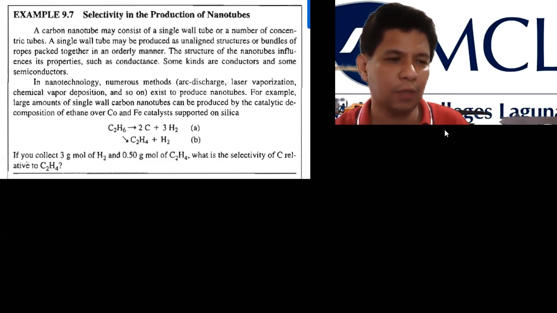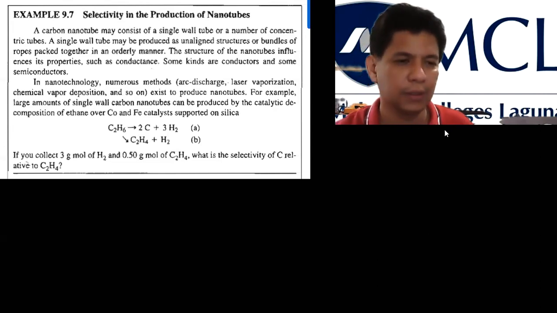The second reaction or the side reaction produces ethylene or ethene, C2H4, plus a mole of hydrogen gas. If you collect 3 gram moles of hydrogen gas and 0.5 gram mole of C2H4, what is the selectivity of C relative to C2H4? So as you can see from the given, C is the desired product and then C2H4 is the undesired product.